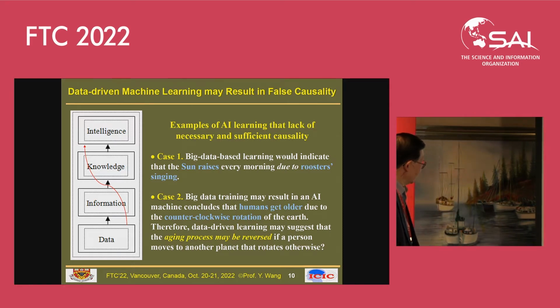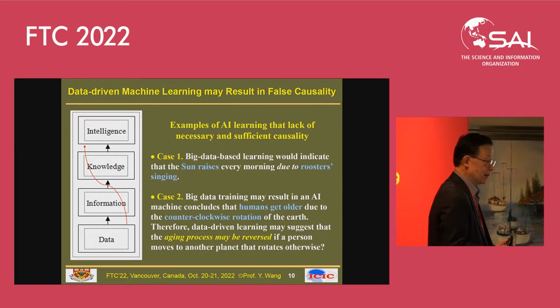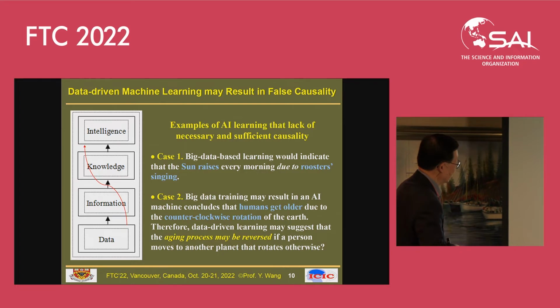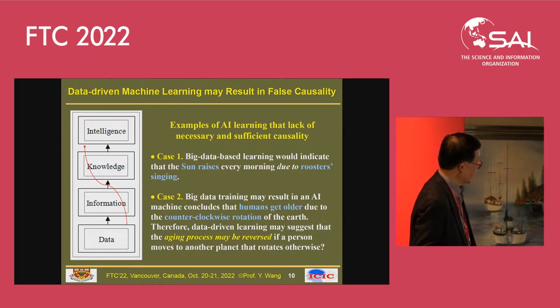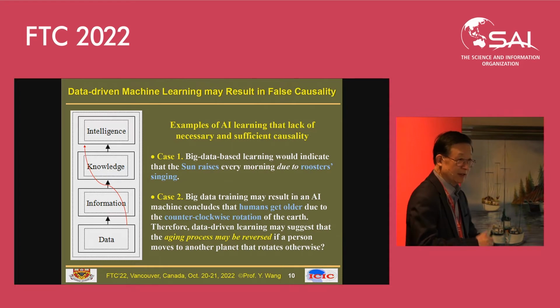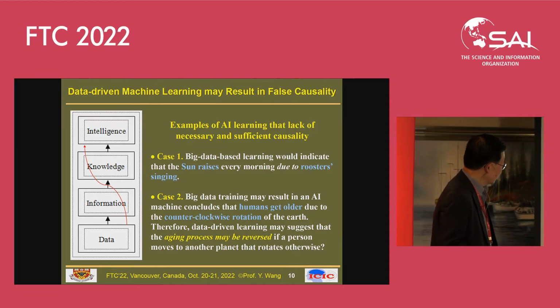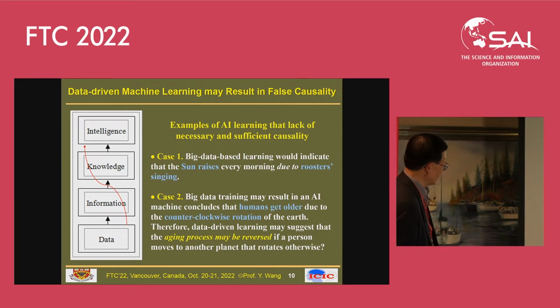So actually, this kind of data-based reasoning gives us a wrong, false causality, because there really is a relation, but it is not a causal relation. That means if you stop all the roosters singing, the sun is still rising. So it is a kind of reasoning, but it is not necessary or efficient.